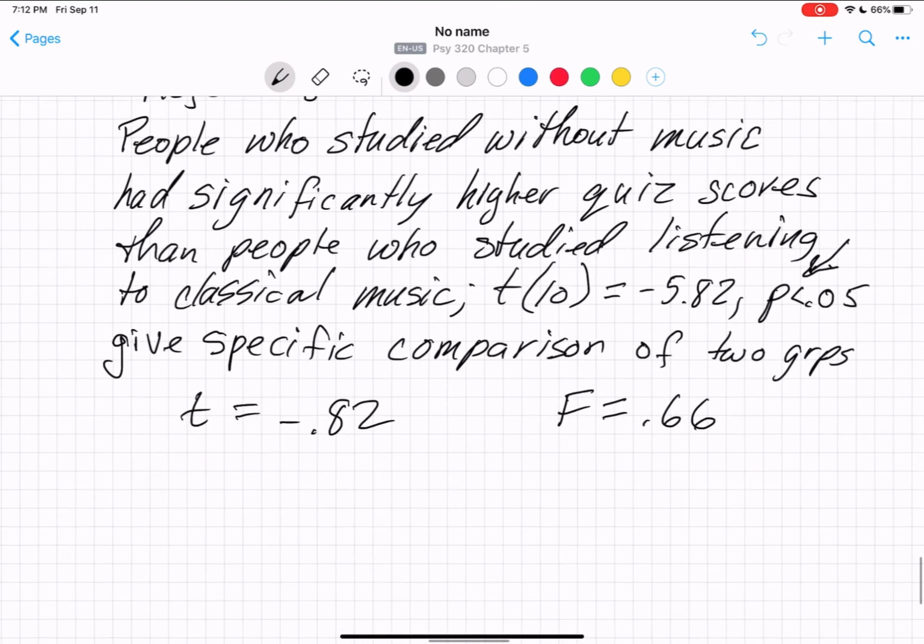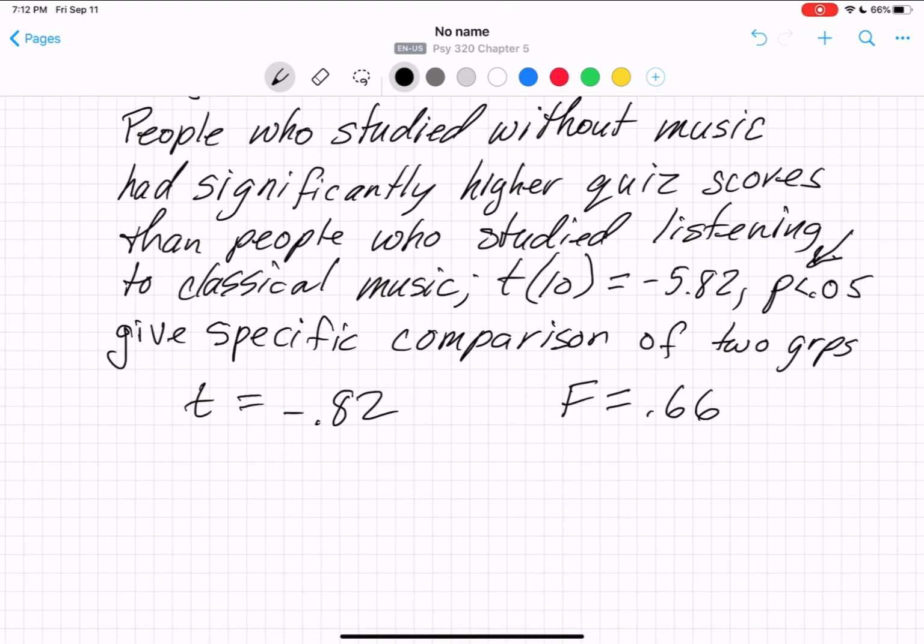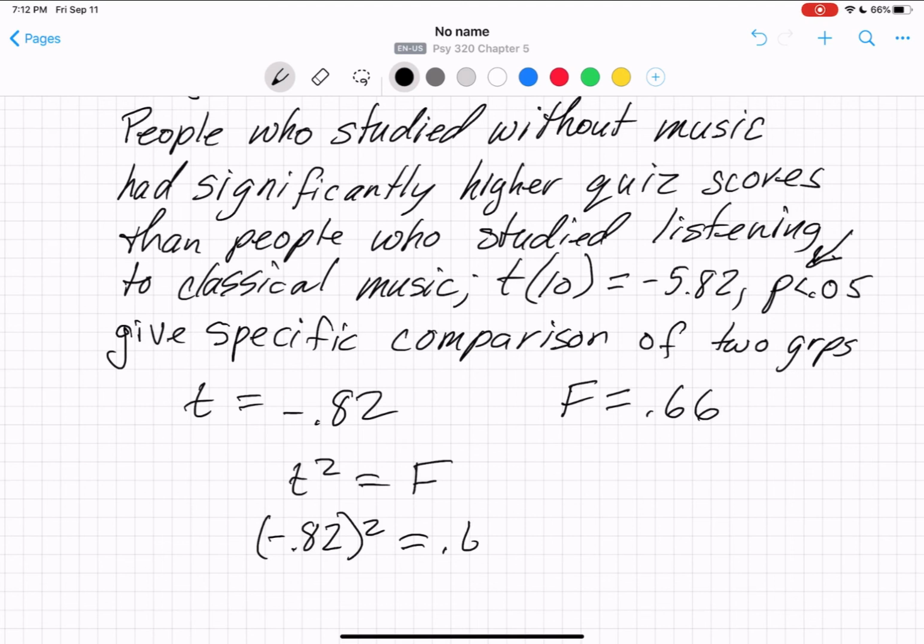Okay, and I told you at the beginning of this video that the relationship is that t squared should equal F. Okay, so let's see, negative 0.82 squared. When we square that, we get 0.67. Okay, so it's not exactly equal, but it's pretty close, right? That's only 1/100th of a percent off. Okay, so that's how that relationship works.